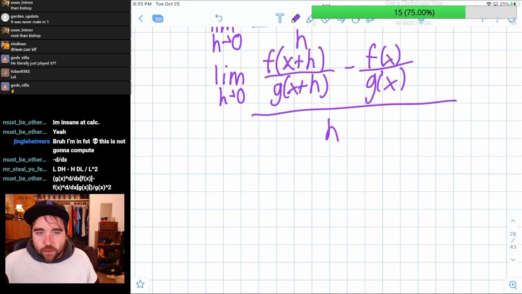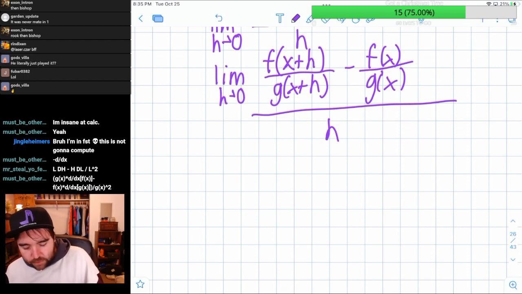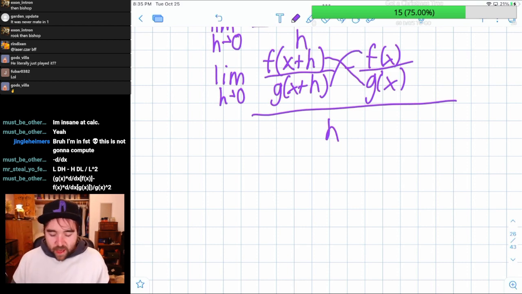So my idea usually is if we've got two fractions, we probably want to combine them. So let's combine those fractions using a common denominator. So we'll do that times that and that times that.